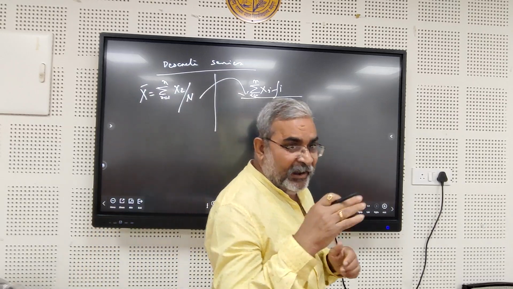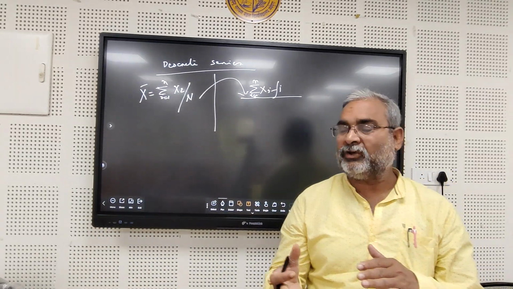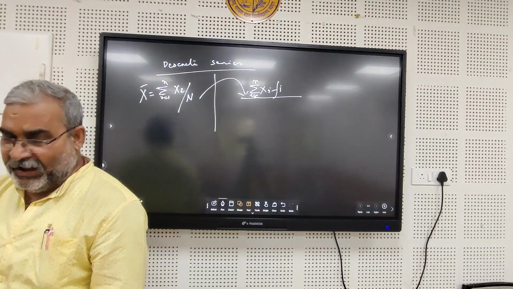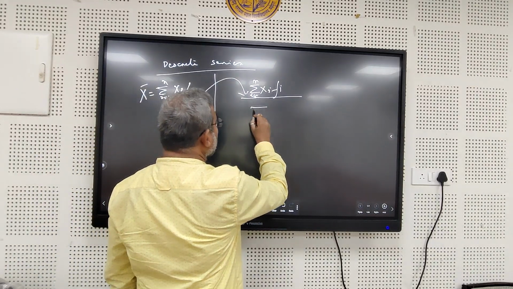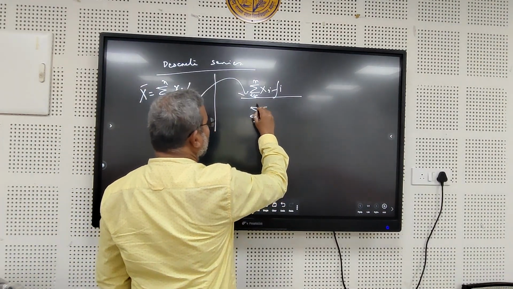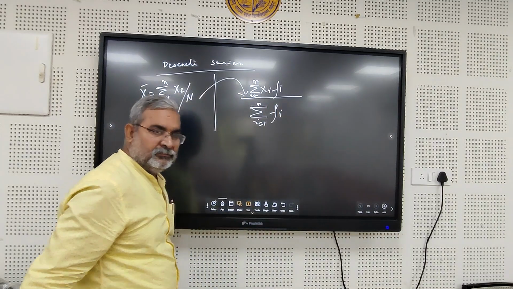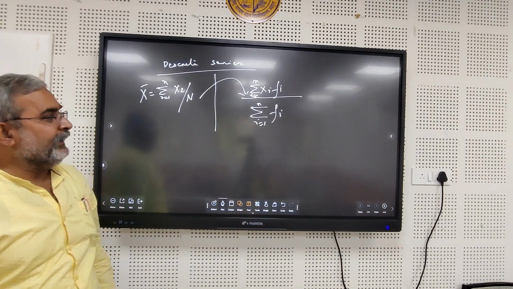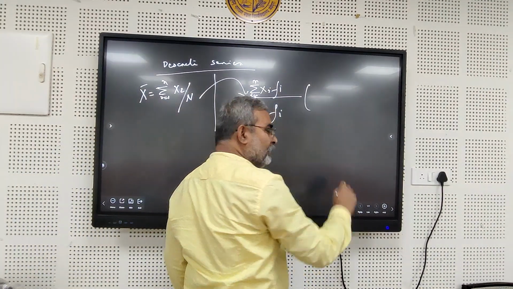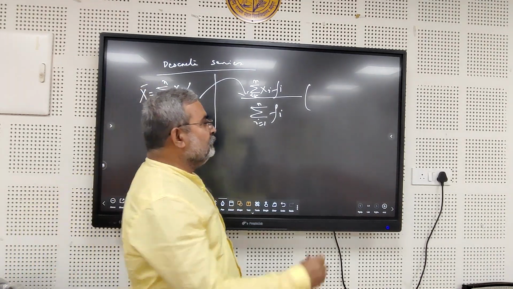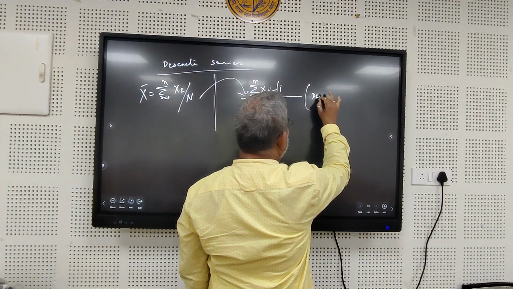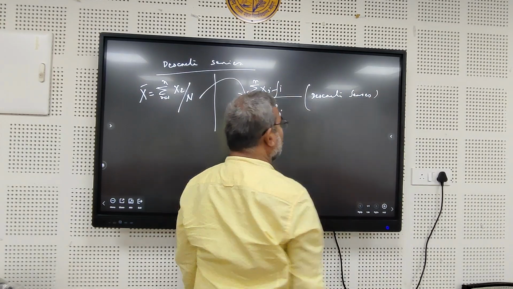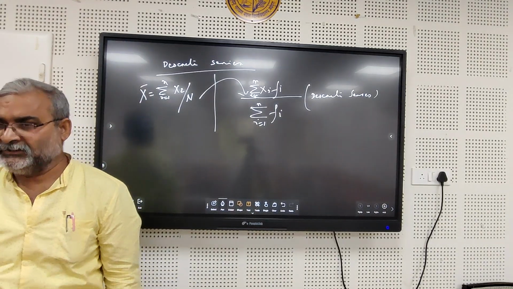That means n is converted into f. Here it is the summation of xi fi divided by the summation of fi. Now the formula is converted like this, and it is the formula for the calculation of arithmetic mean for discrete series.